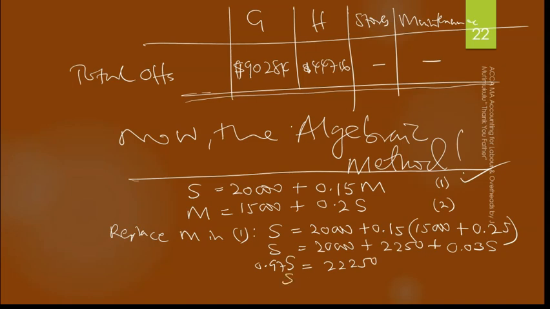Therefore, S is equal to 22,250 over 0.97, which becomes 22,938. So that's our value for S.